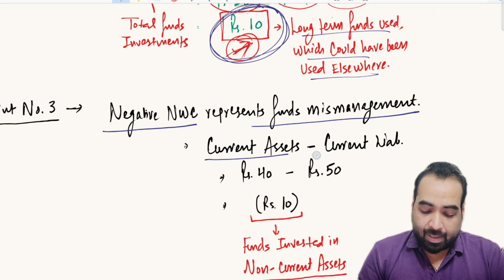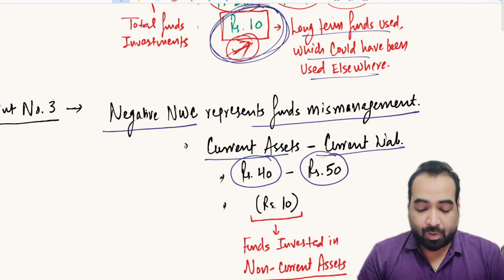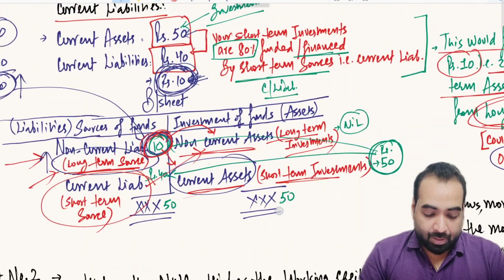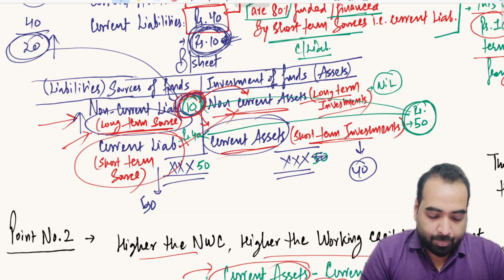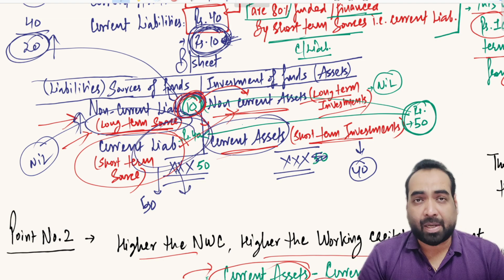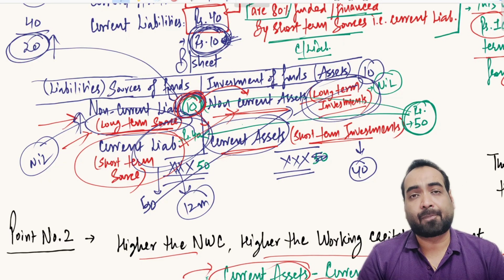If the current assets are rupees 40 and current liabilities are rupees 50, what would that mean? Suppose the other items are nil. That would mean your current liability, the funds you are expected to pay back in the next 12 months period, 10 rupees out of it have been invested in long-term assets, which will not pay you back in the next 12 months period.